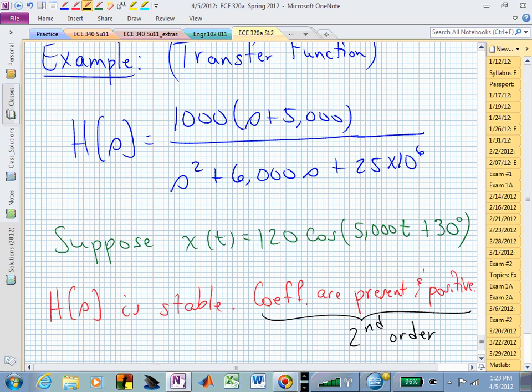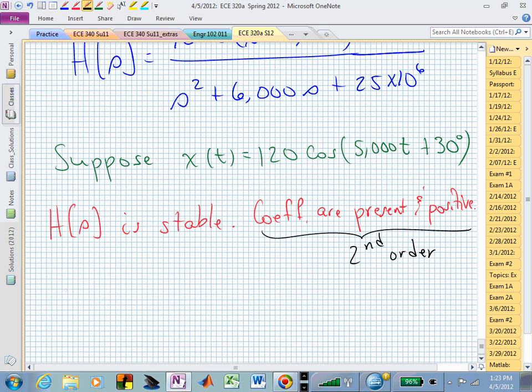Now what else do we need to know before we start crunching numbers? We know our frequency, don't we? What's our frequency of excitation? 5,000 radians per second. So now we know that omega naught is 5,000 radians per second, and that's all we need.